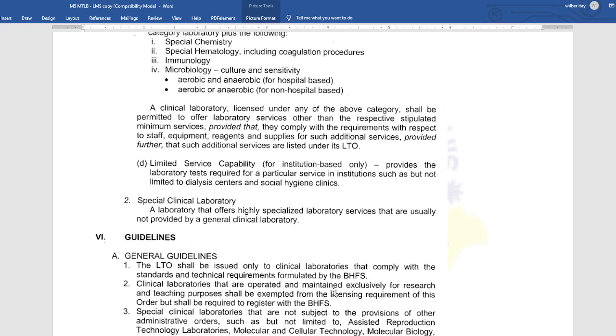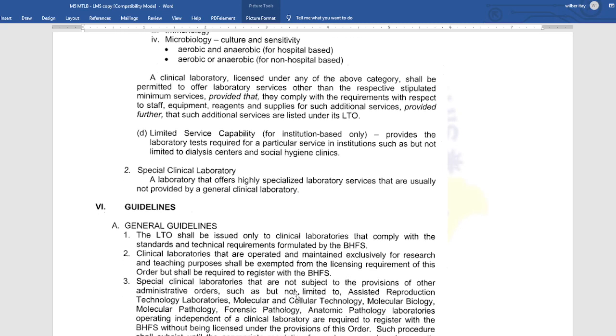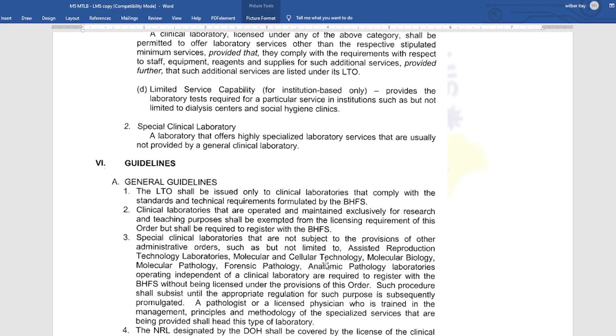Pero kapag the clinical laboratory is for research and teaching purposes only, they don't need to secure licensing. Okay? However, they are required to register with the Bureau of Health Facilities and Services, but they don't need to secure a license to operate.